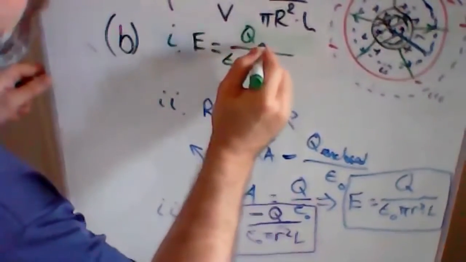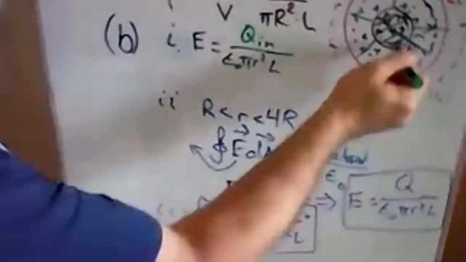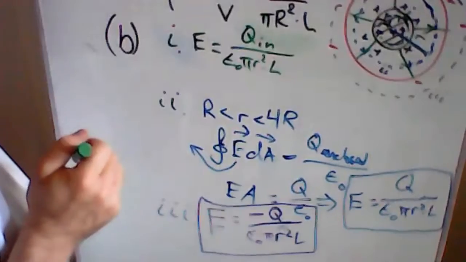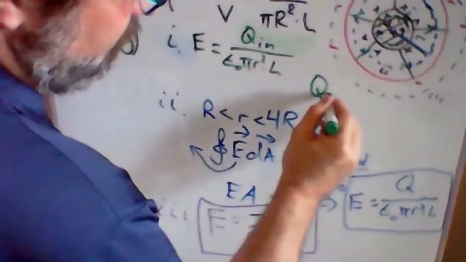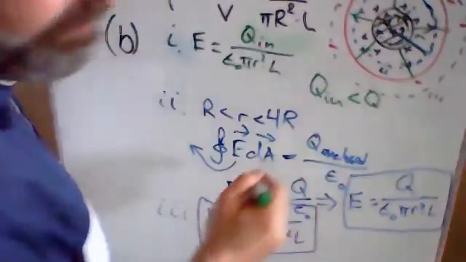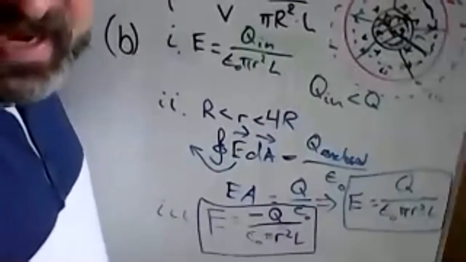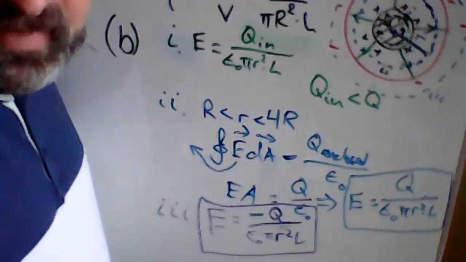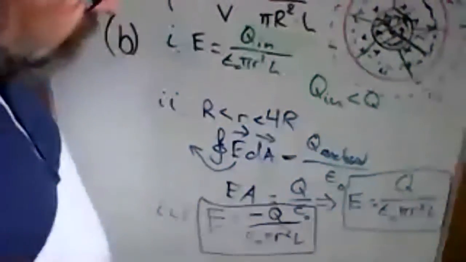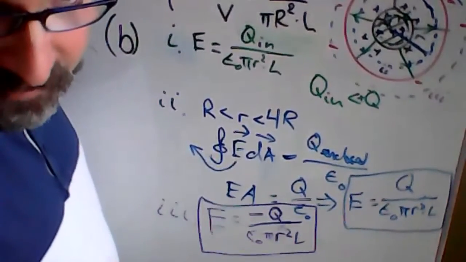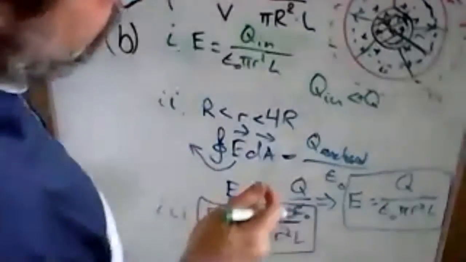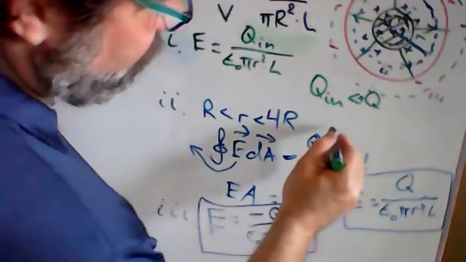So we're looking at the charge inside the green surface there. Q enclosed is less than Q, right? Because not all of it is inside the green radius. The whole thing has plus Q, so the Q inside will be less than that.